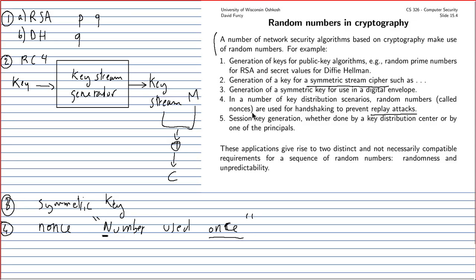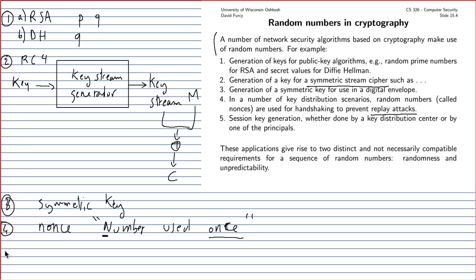And therefore, if the receiver remembers the previous nonce that was used in an earlier communication, they will detect that the new one coming in is a replay of a previous one, because they will see the same nonce twice, which is not the way a nonce is supposed to be used. So again, these nonces have to be random numbers, and that's yet another use of random numbers in cryptography.